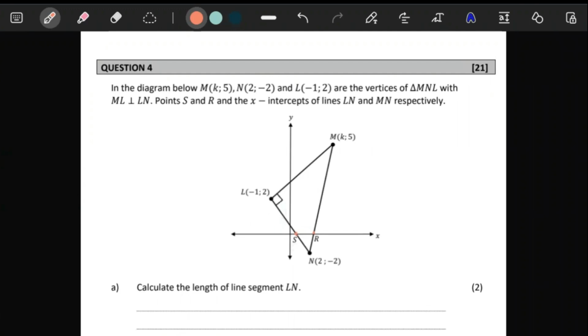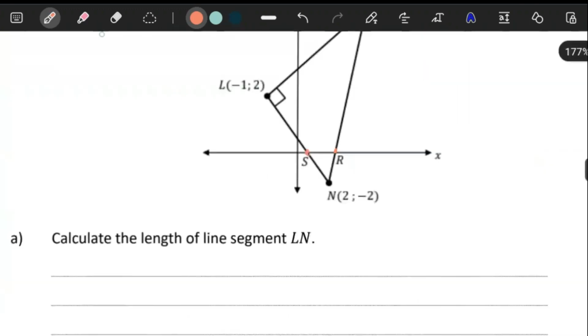You can just use the distance formula, you see. So LN is equal to, distance formula, right? We can say 2 minus negative 2 squared plus negative 1 minus 2.